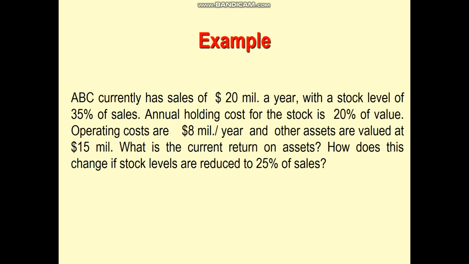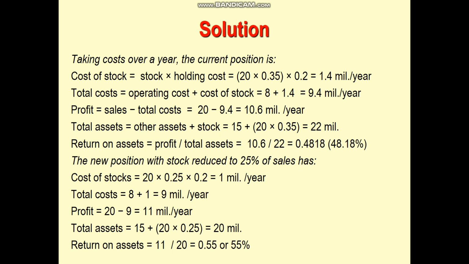So their stock level is 35% of sales. So we have the stock is 35% times 20 times 20%. So we have the holding cost for the stock. Okay, so the first one is the holding cost of the stock.